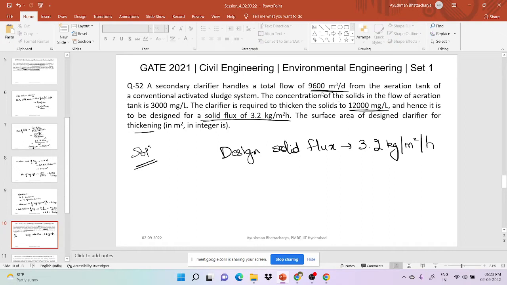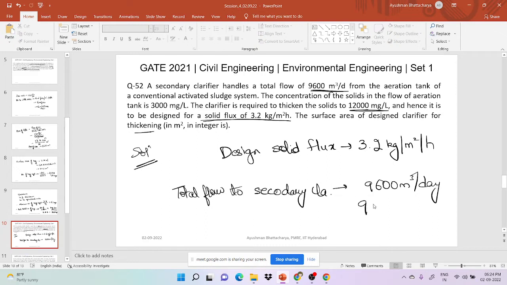Now the total flow to the secondary clarifier from the aeration tank is 9600 meter cube per day.